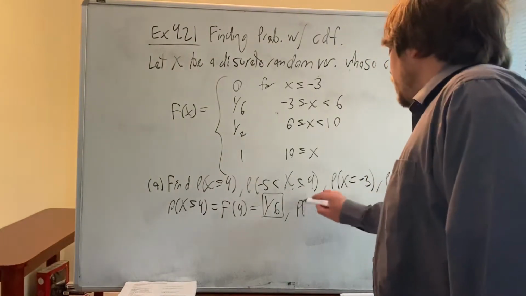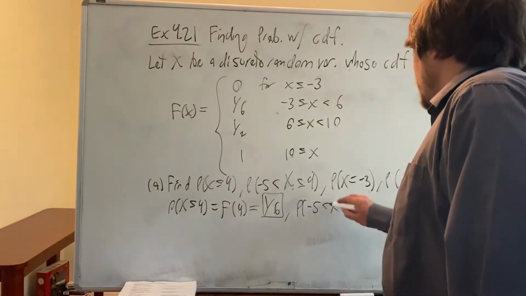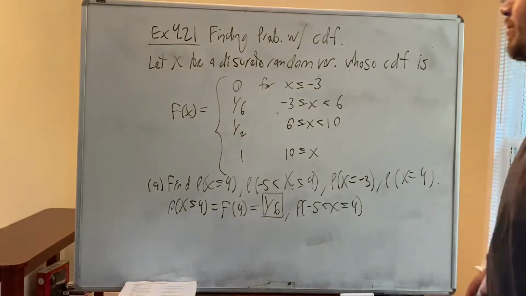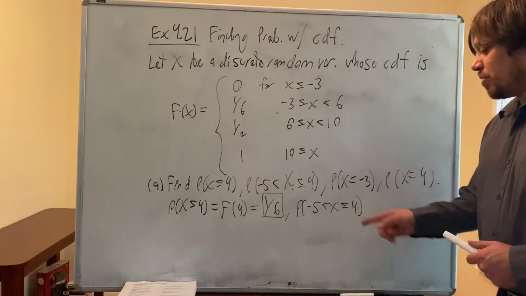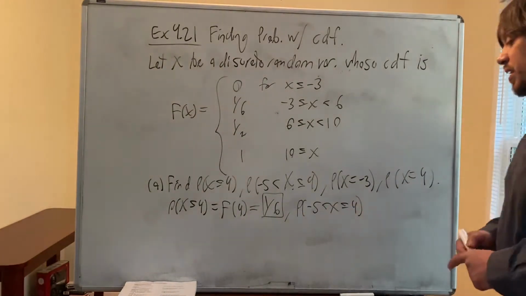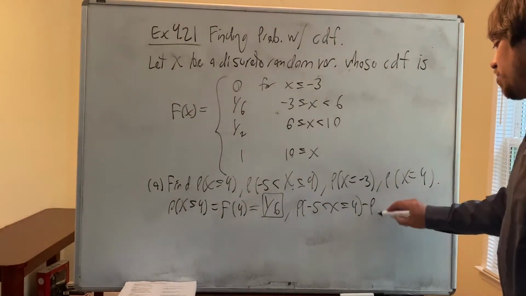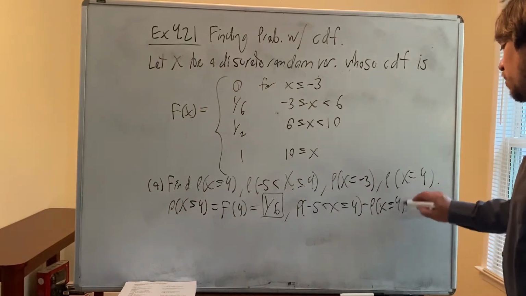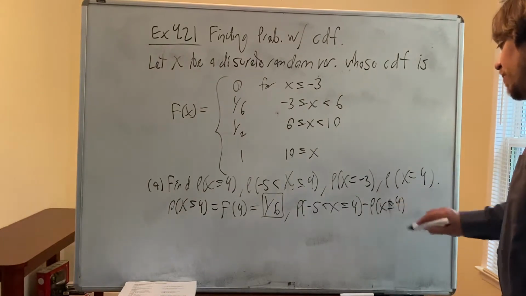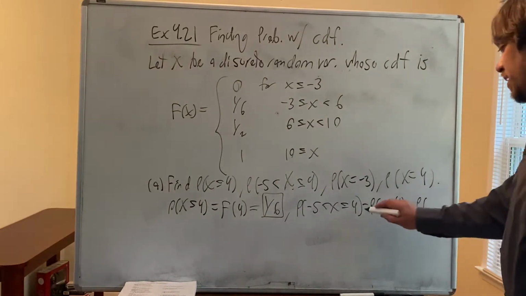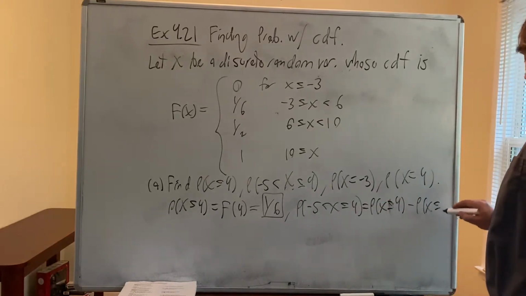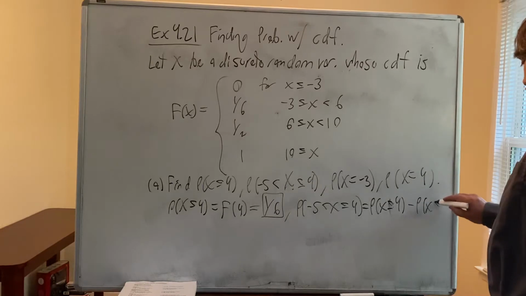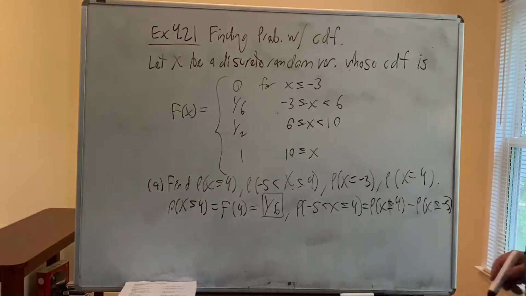Now, what is the probability that -5 is less than X, less than or equal to 4, using that function? Well, it's the probability that X is at most 4 and greater than -5. So you can think of this as the probability that X is at most 4 minus the probability that X is at most -5.